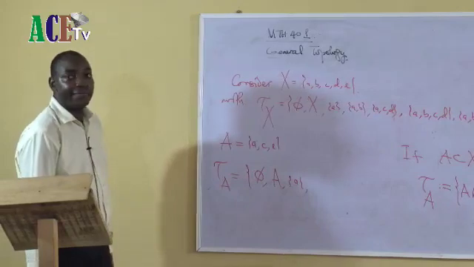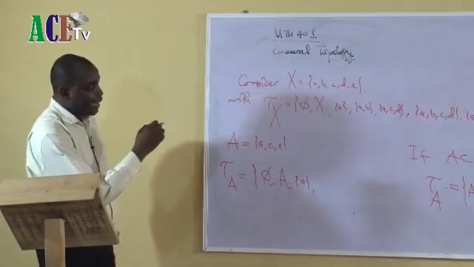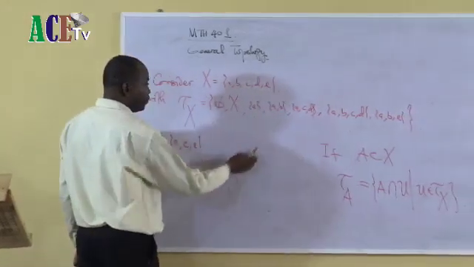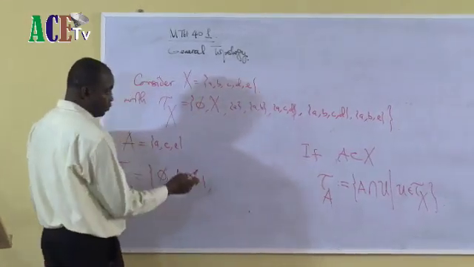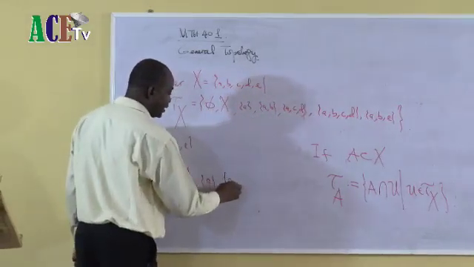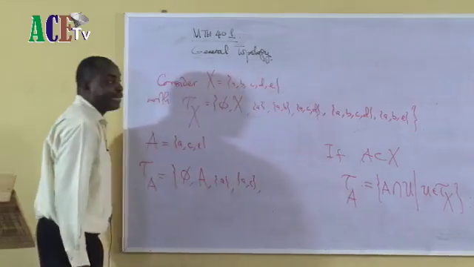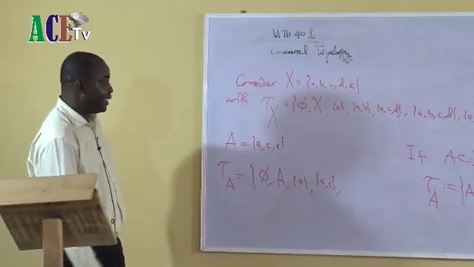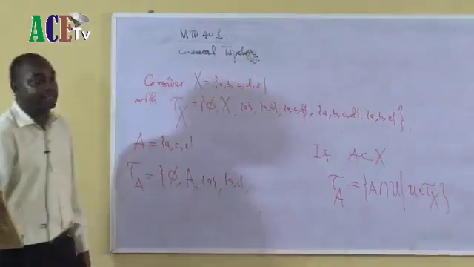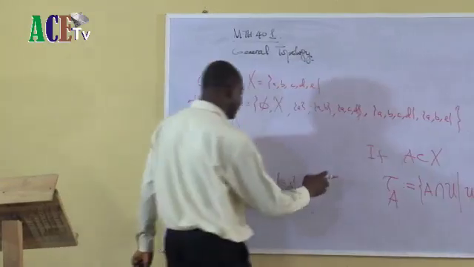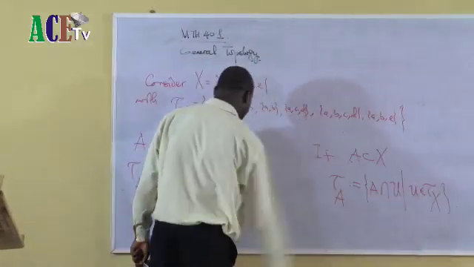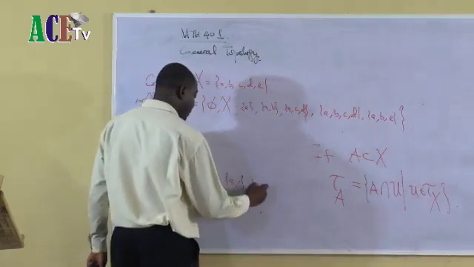Intersection between A, C, D. Okay, let's look at this. With AB it is still A, with ACD, that is AC. Intersection between ACE and ABCD is still AC. And then the intersection between ACE and ABE, what is that? That's simply AE.